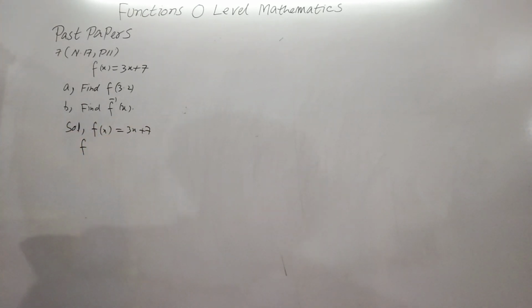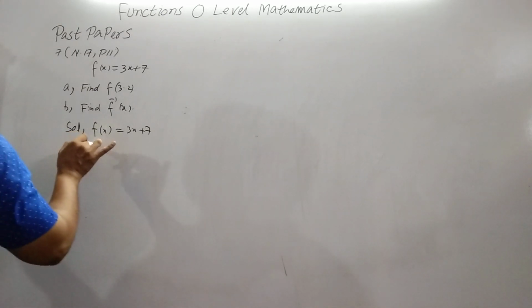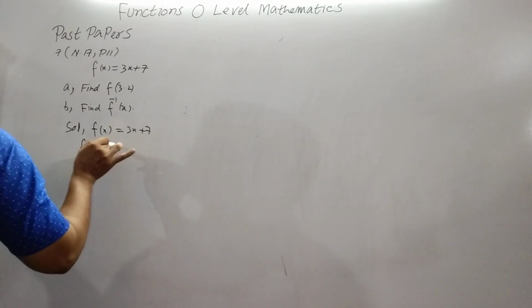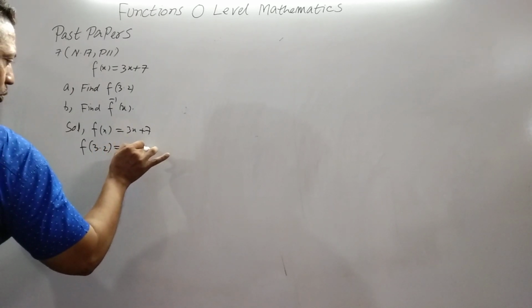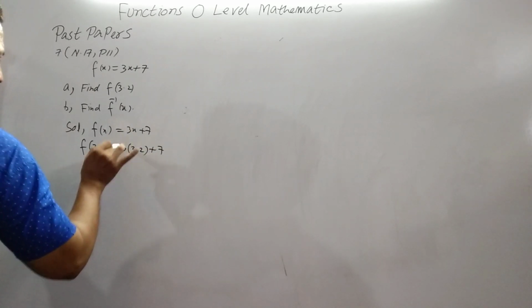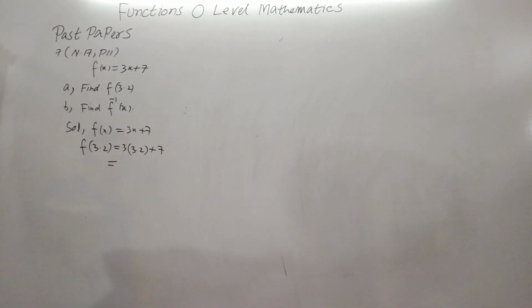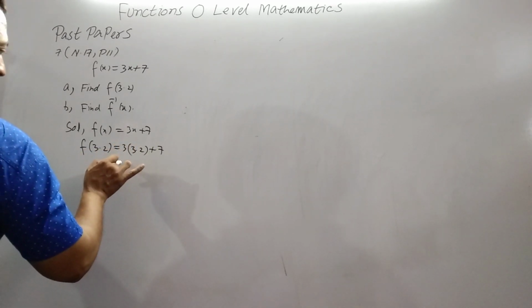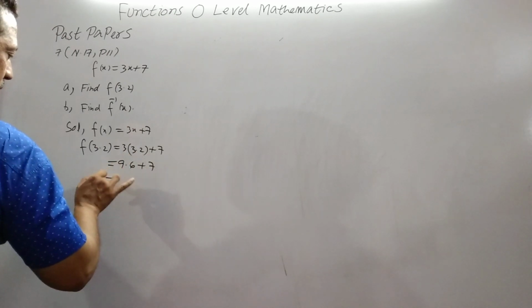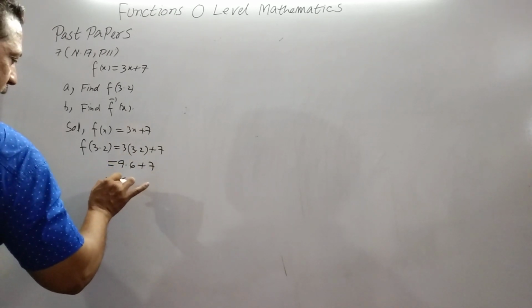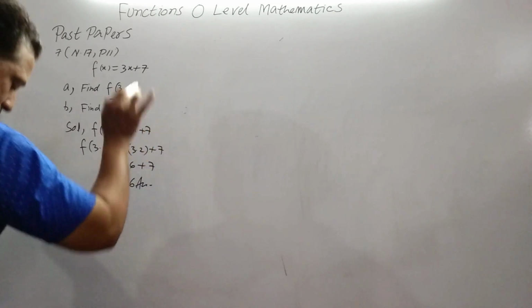First we have to find f of 3.2. So 3 into x, x is 3.2, plus 7. Multiply 3 into 3.2. It's very easy. 3 threes are 9 and 3 twos are 6, so 9.6 plus 7 is 16.6, which is your answer.